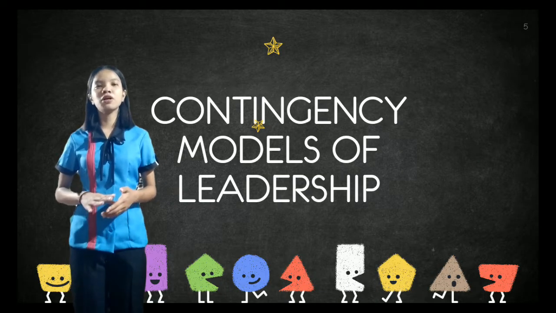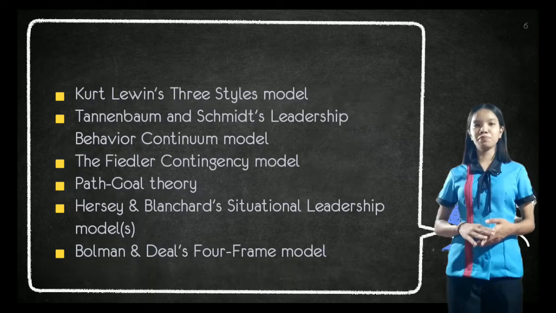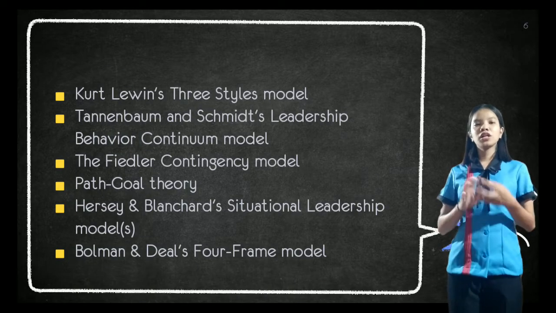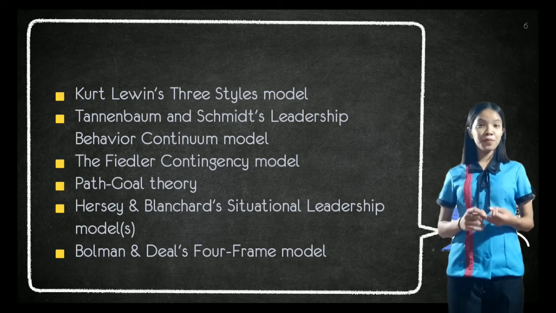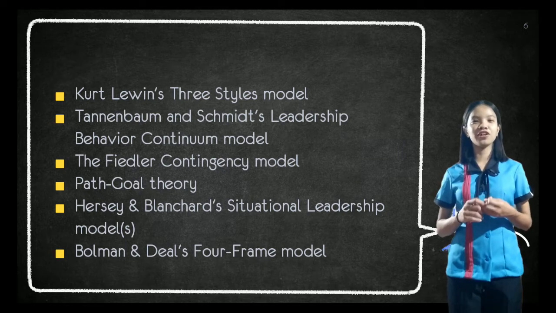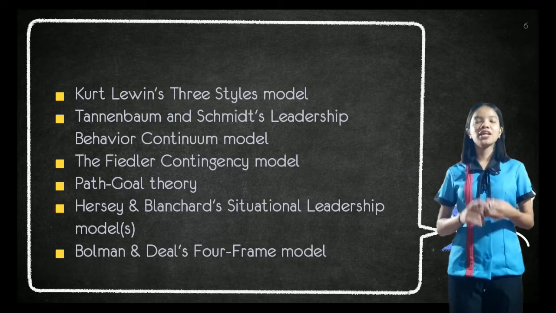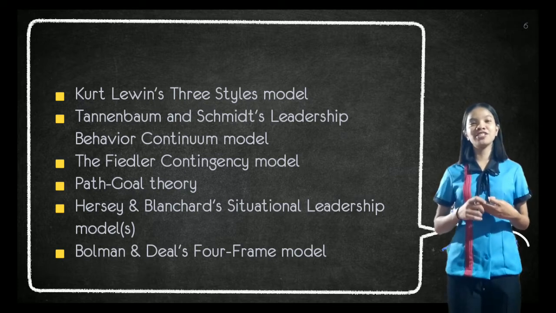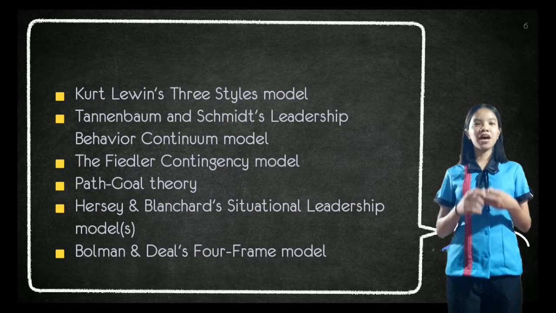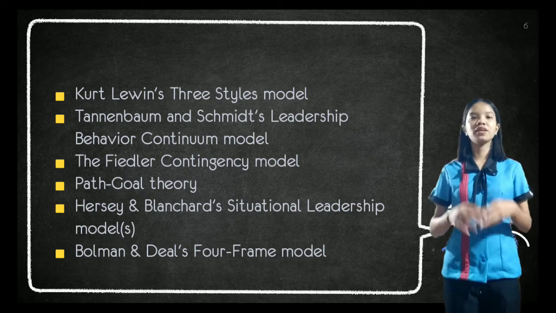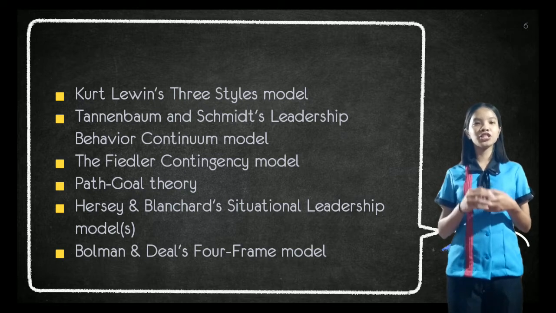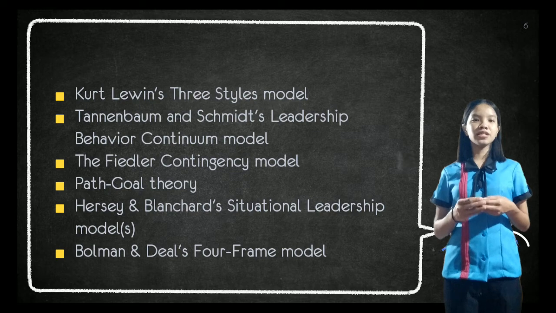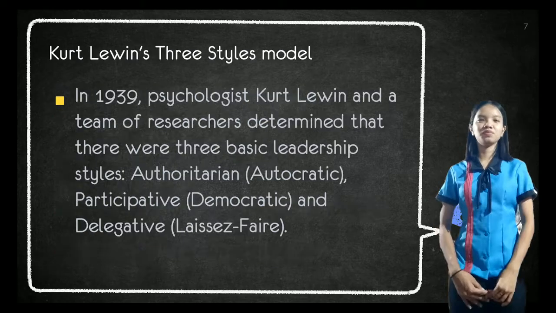There are six models of contingency leadership. These are Kurt Lewin's three styles model, Tannenbaum and Mead's leadership behavior continuum model, the Fiedler contingency model, path goal theory, Hersey and Blanchard's situational leadership model, and Bolman and Deal's four-frame model.